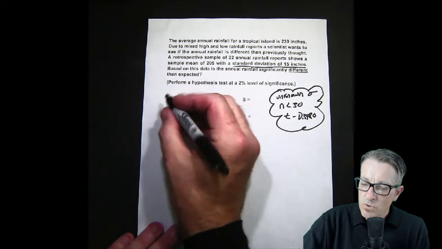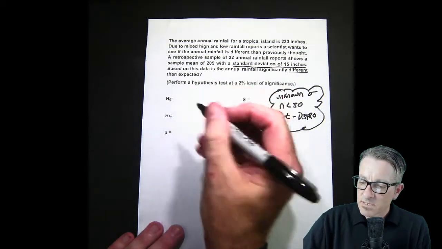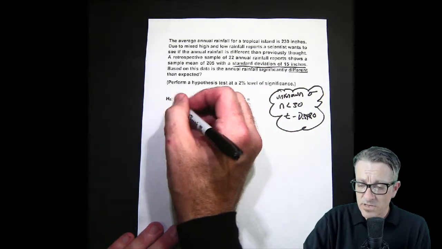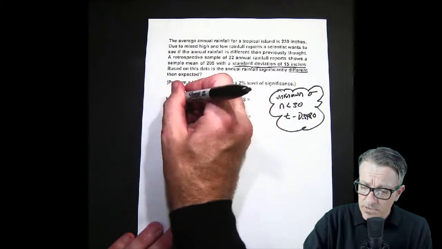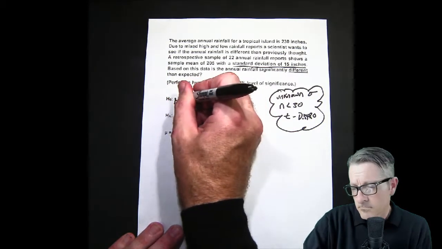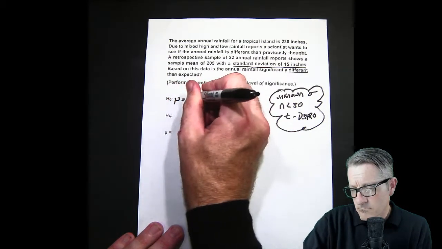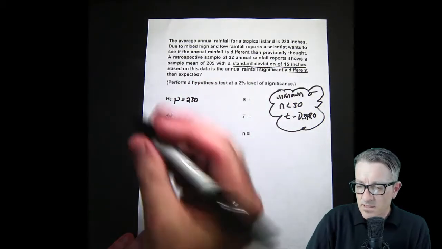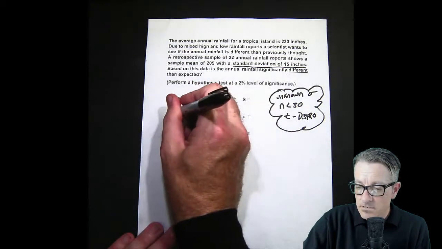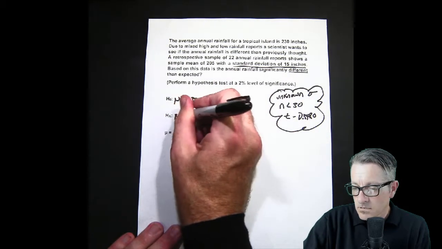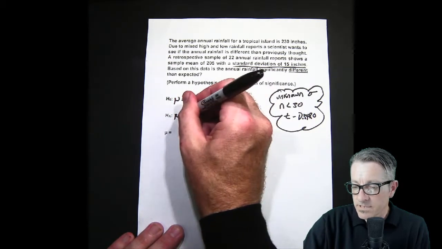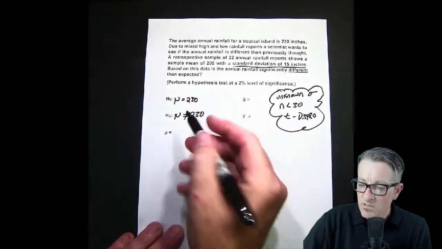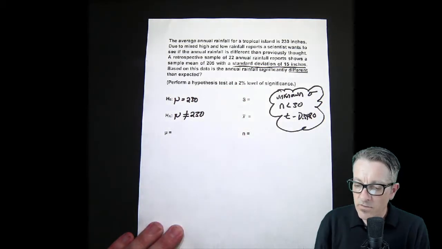Okay. So our null hypothesis, let's write that out. The null hypothesis is going to be the rainfall is 230. So the alternative hypothesis is the rainfall is not, meaning the mu is not 230. So this is significant in what we're working with here.